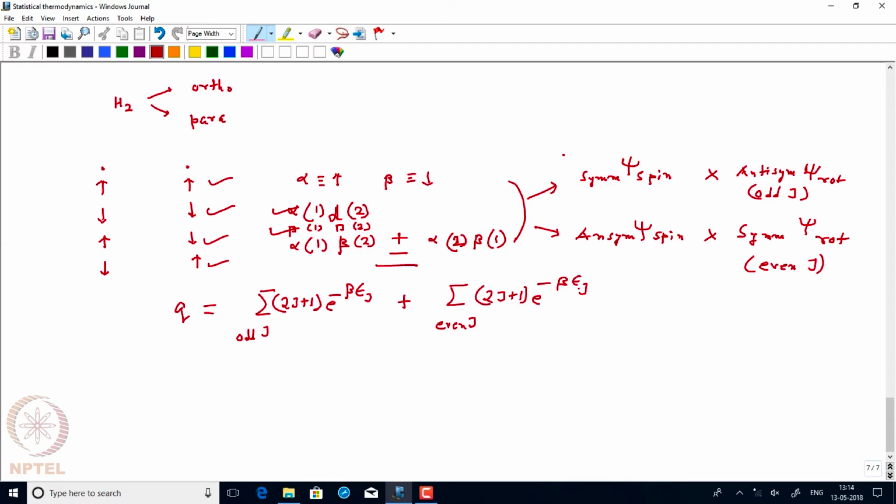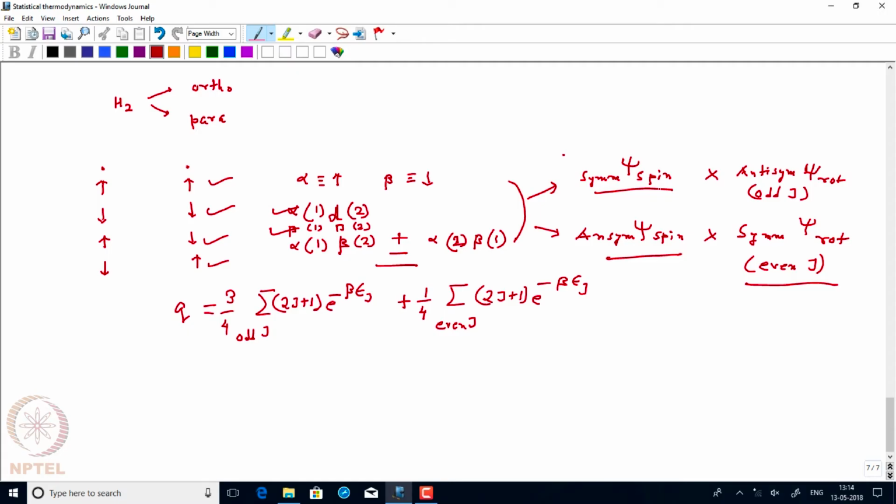All these even j's are associated with the symmetric psi rotation, but with the antisymmetric spin part, and the statistical weightage for that will be 1/4 only. For the other, you will have a 3/4 statistical weightage, because with the symmetric spin part you get three types of combination: alpha alpha, beta beta, and a symmetric combination of alpha beta, like alpha beta plus beta alpha.